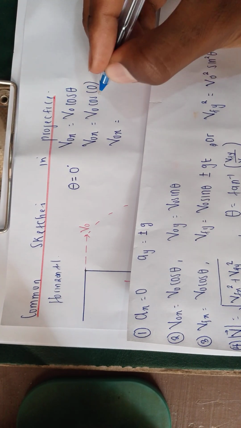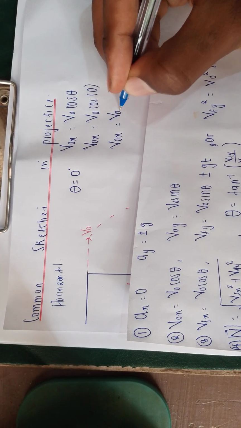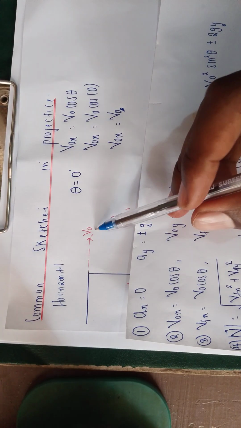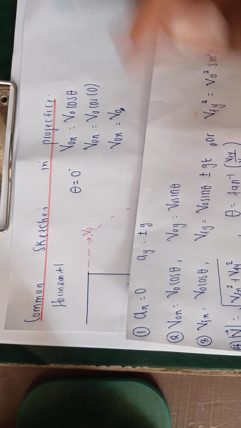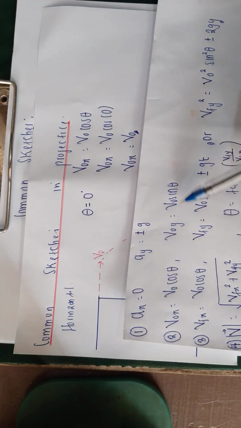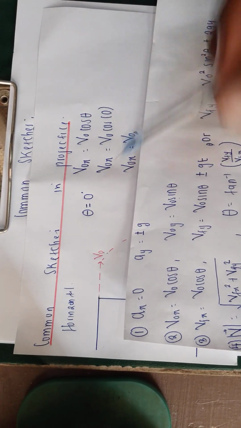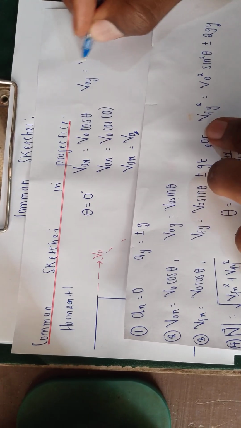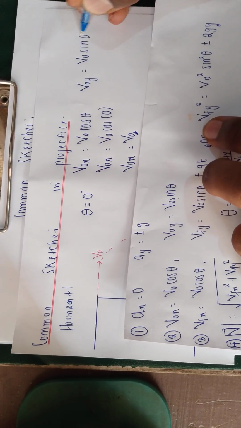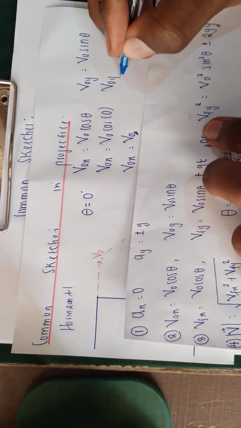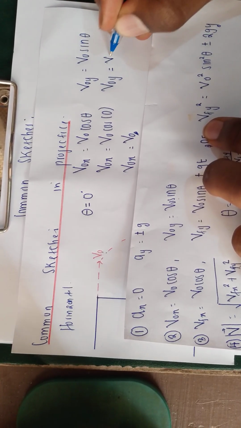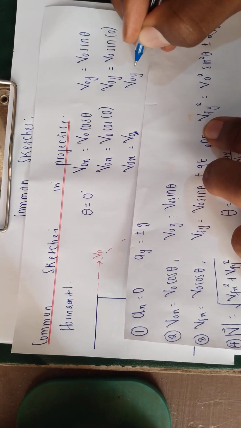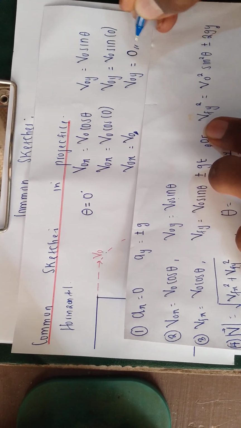If you punch your calculator, cos 0 is 1. So the initial velocity in the x is going to be equal to the initial velocity VO. The same applies if you modify the y. Since you already know the value of theta, the initial velocity in the y is given by VO sine theta. Therefore the initial velocity in the y is equal to VO sine 0, meaning the initial velocity in the y is going to be 0.